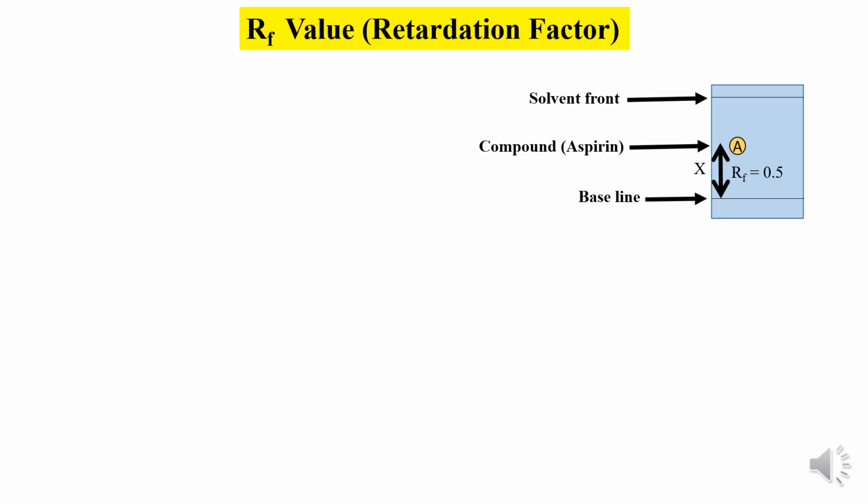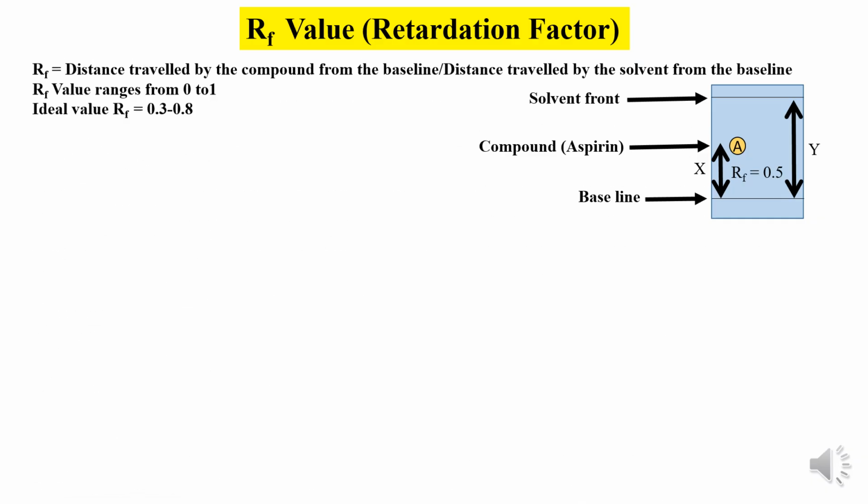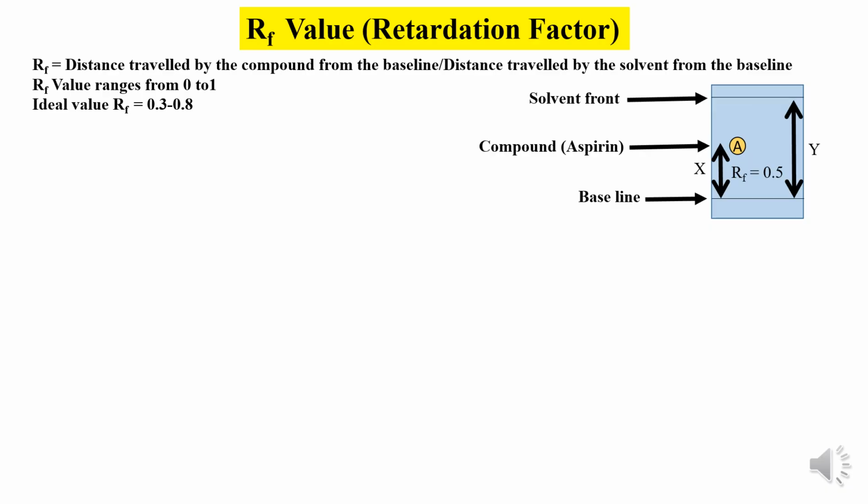Now, these three are very much required for calculating the RF value for the given organic compound. Here in this case, the distance traveled by the compound aspirin is X, while the distance traveled by the solvent front from the baseline is found to be Y. Now you can calculate the RF value for aspirin by dividing the distance traveled by aspirin from the baseline by the distance traveled by the solvent from the baseline.